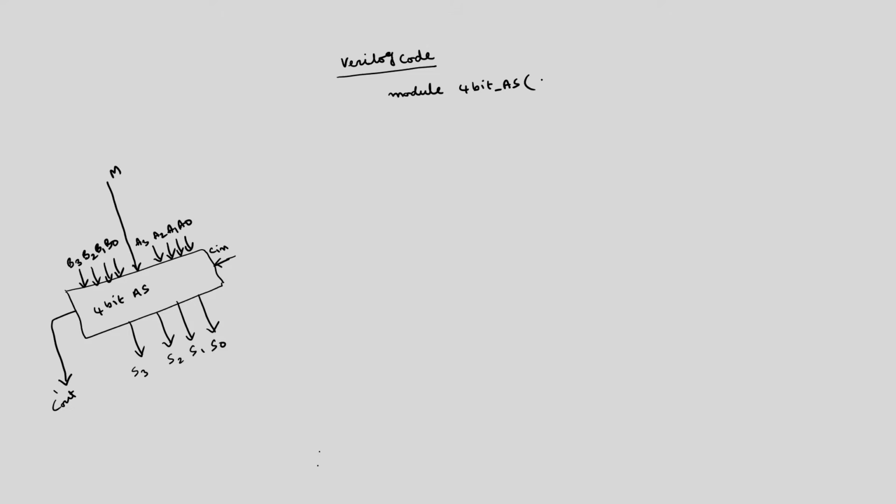What are the different outputs and inputs of this one? Outputs are S3, S2, S1, S0, which you can represent with a vector, S with 3 comma 0, which is 4 outputs. Another output is C out dash. The inputs are M, C in, and 2 sets of inputs, A with 3 comma 0 and B with 3 comma 0.